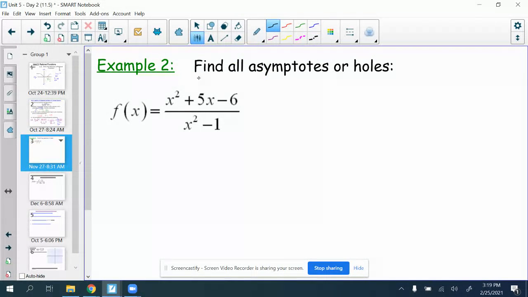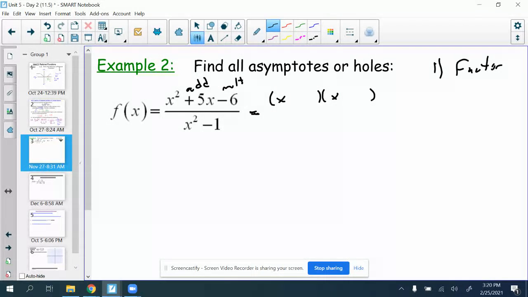This says find all asymptotes or holes. Step 1, we want to factor. I look for a GCF. I don't have one. It's a trinomial, so I want numbers that add to 5 and multiply to -6.